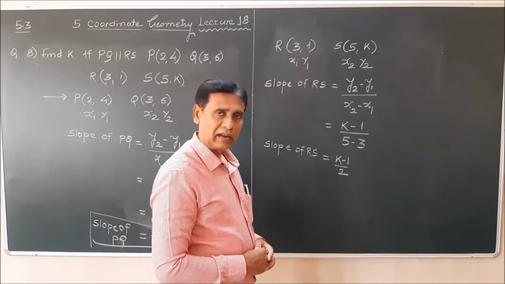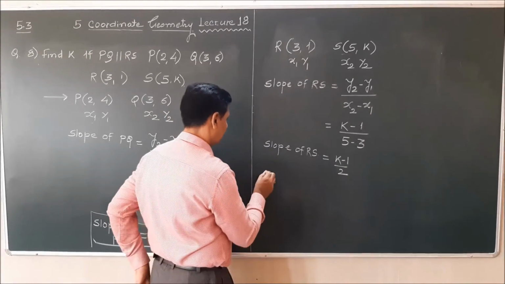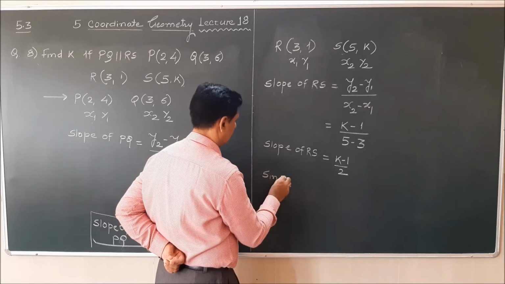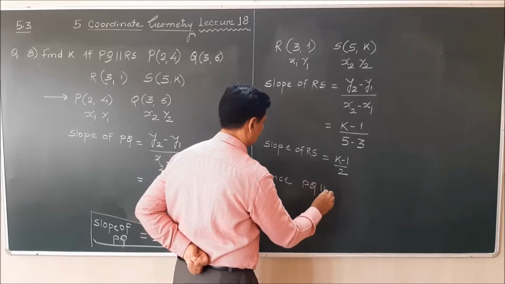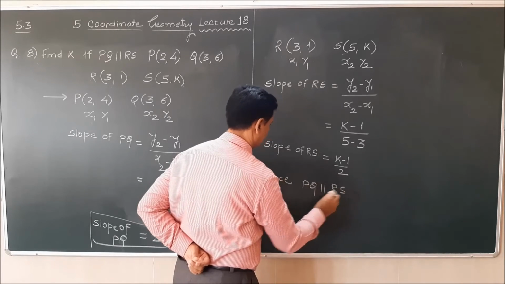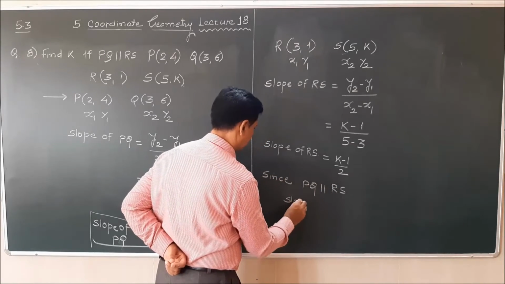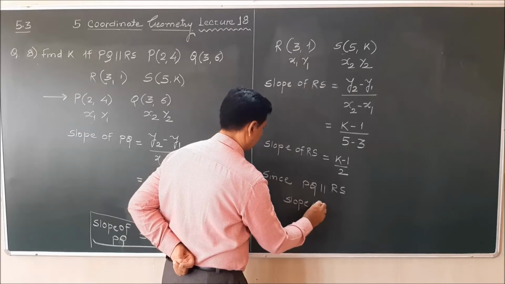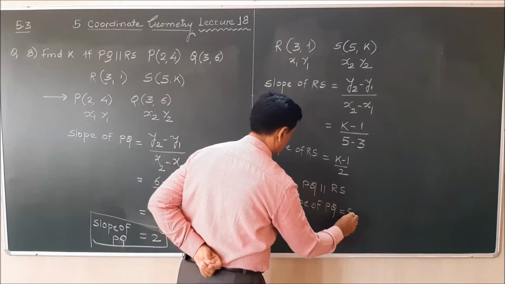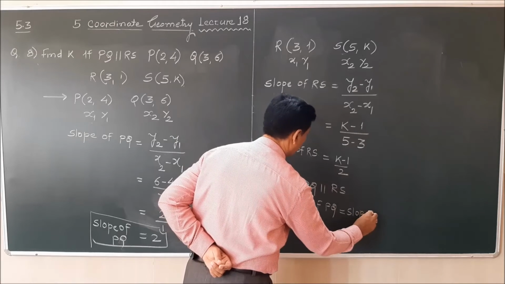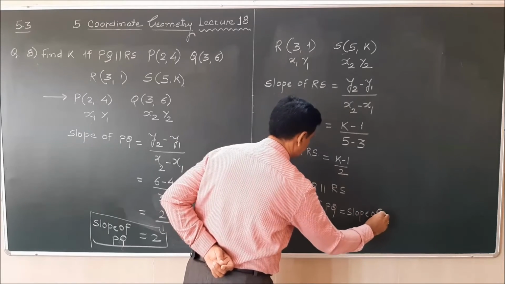Since lines are parallel, so I'll say since PQ is parallel to RS, slope of PQ is equal to slope of RS.